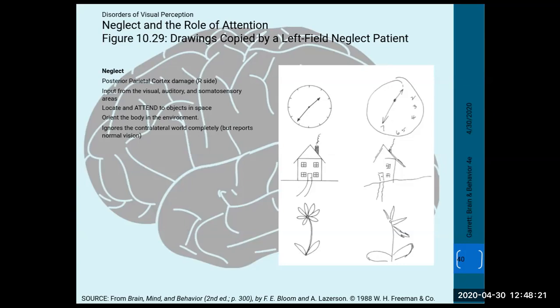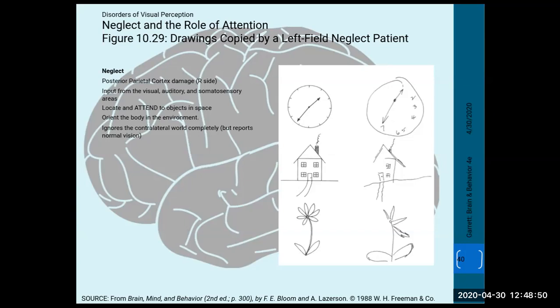It also orients our body and our environment. So again, it's knowing where we are or how far away or close we are to different objects. So those people with neglect, their brain will just simply ignore the other side of the world. Although they report normal vision and they don't see any deficits in what they do, clearly when they're asked to draw it, they simply just sort of ignore everything on the left side of space.